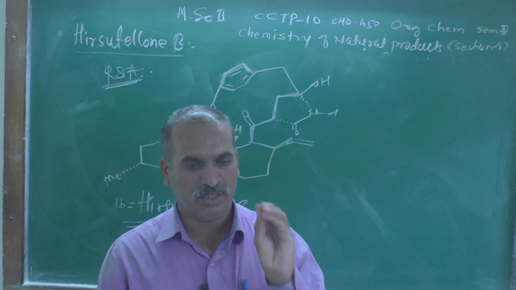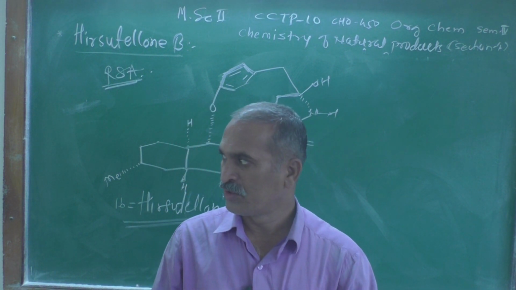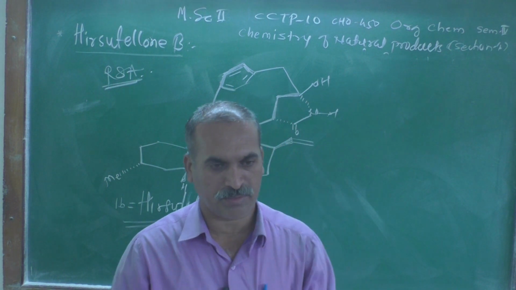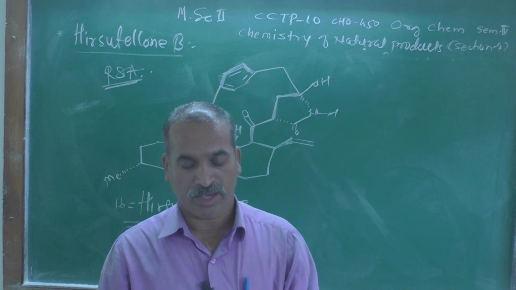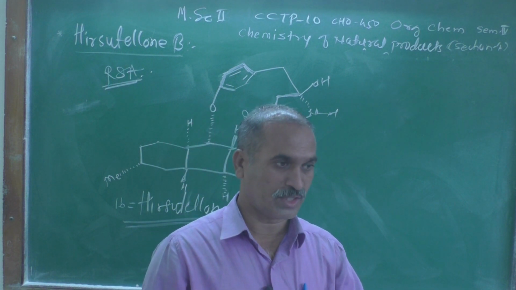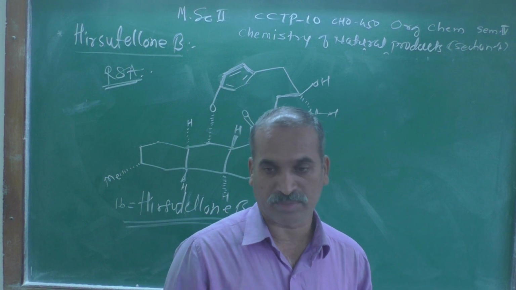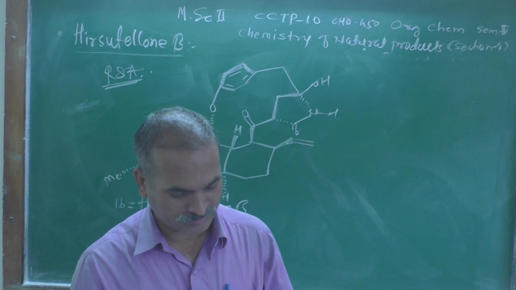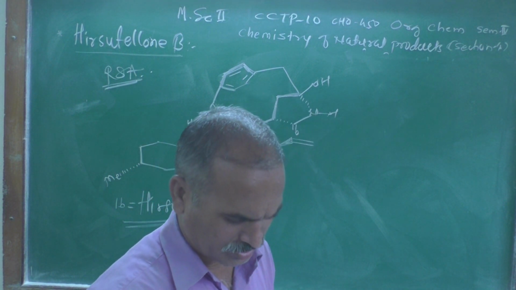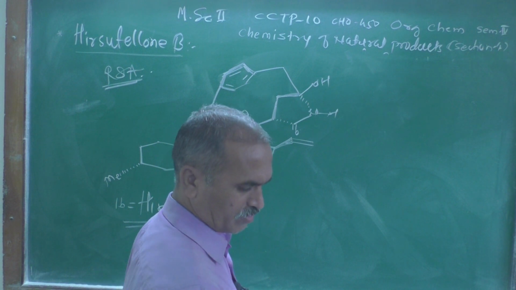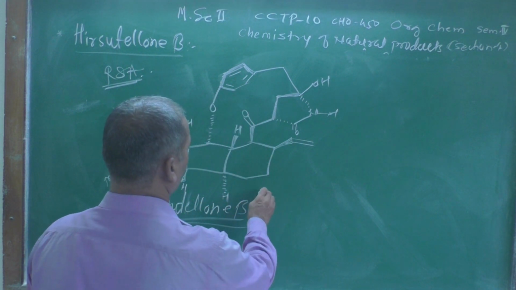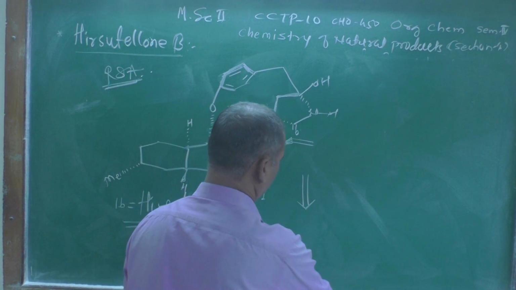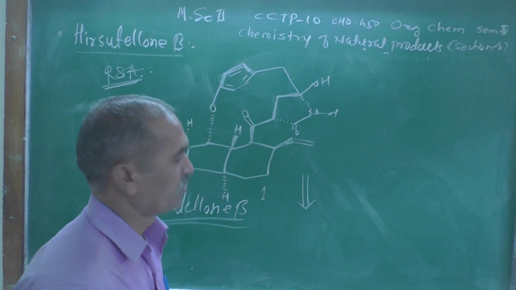First, observe the molecule carefully and recognize the functional groups. How many functional groups are present? And if heteroatoms or heterocyclic rings are present, then you can break that one first. This is the structure of 1B, hirsutolone B, and as we know, the disconnection arrow is always represented like this.